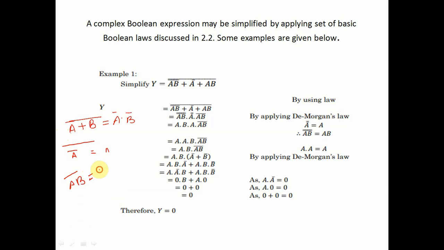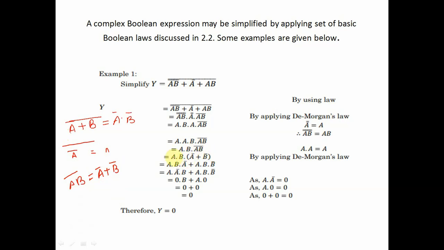AB bar is equal to A bar plus B bar. So by using this De Morgan's theorem, instead of AB bar I write A bar plus B bar.